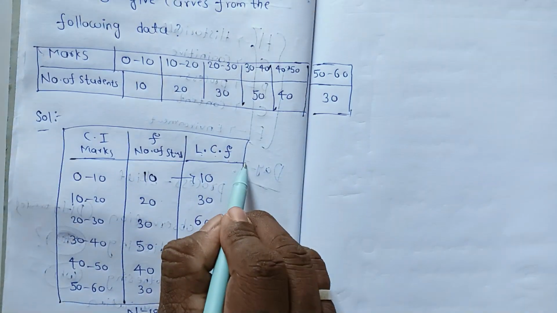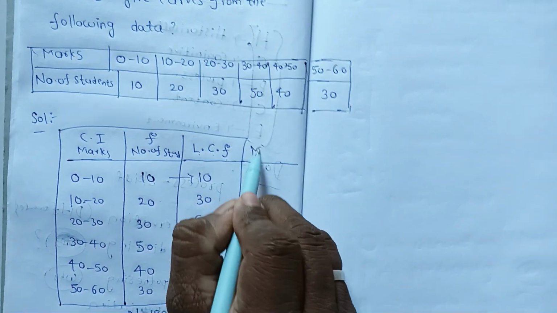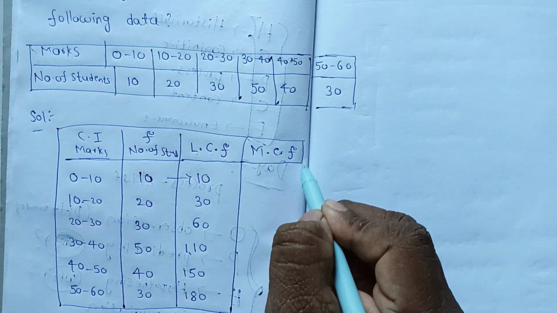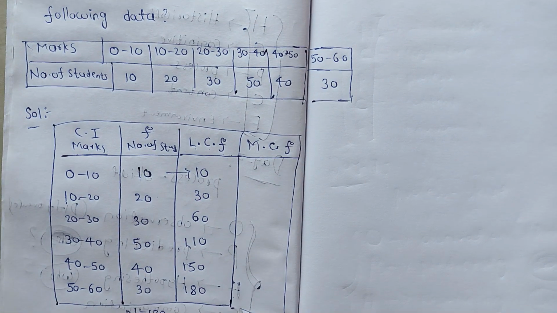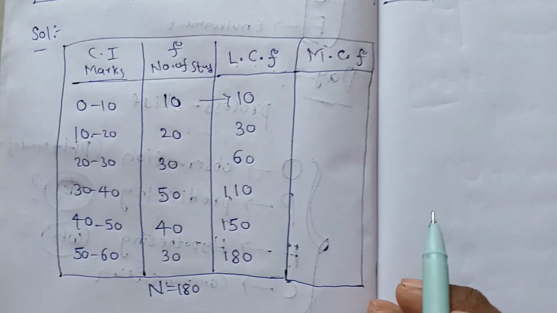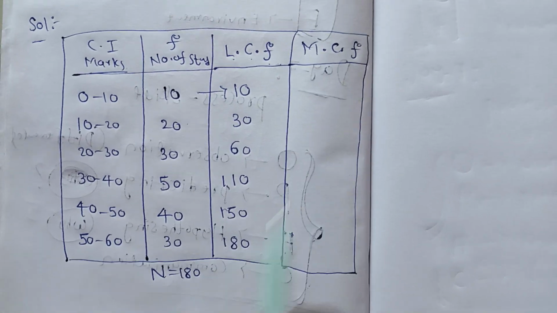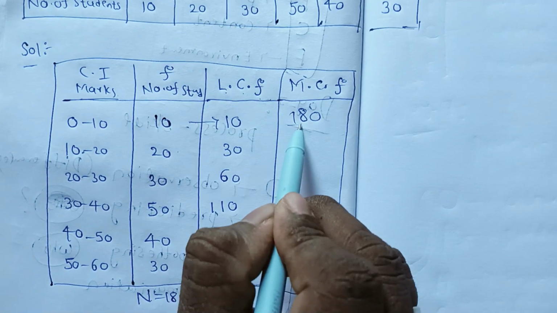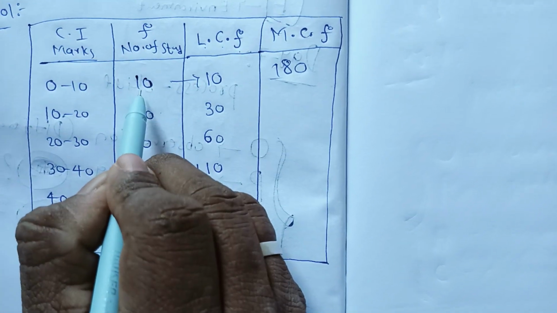Now you have to calculate more than cumulative frequency. That is very simple and easy. Consider this 180 value over here. Now subtract the number of students from here.